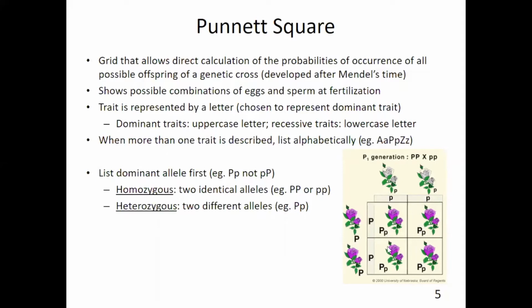All possible combinations result in organisms that have 1 dominant allele and 1 recessive allele. This is called heterozygotes. Notice the phenotype is of the dominant phenotype, purple flowers, because these individuals have one copy of the dominant allele.